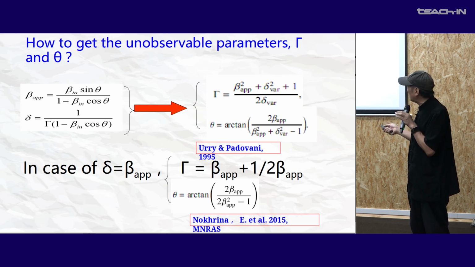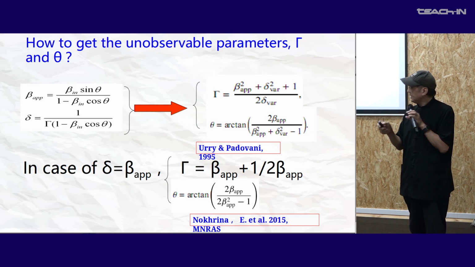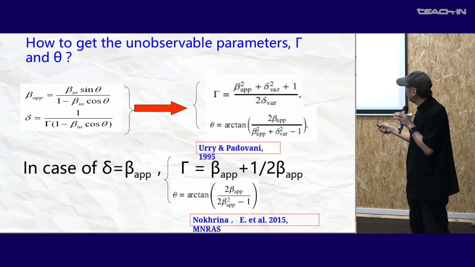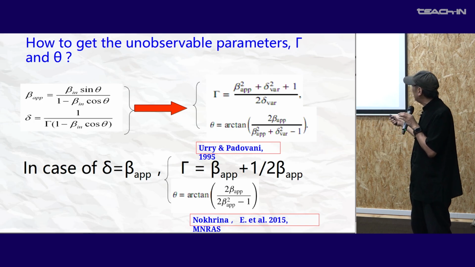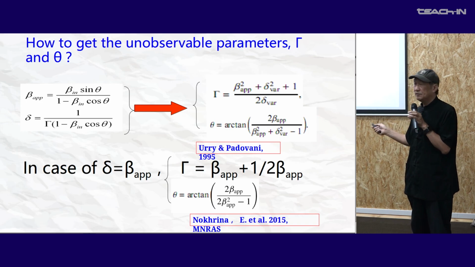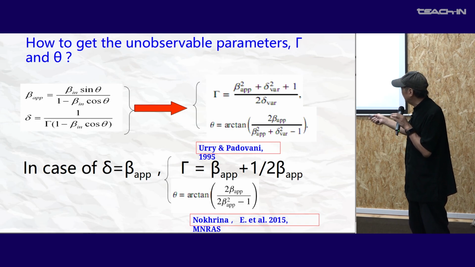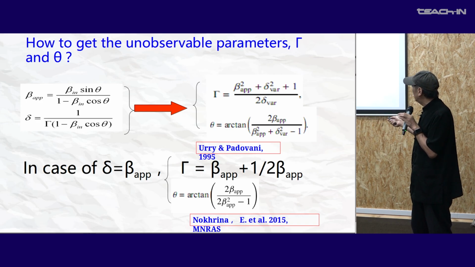If we get the Doppler factor and we also have the superluminal motion velocity, then we can use these two relations to get the Lorentz factor gamma and the viewing angle. We can get this from these two equations.